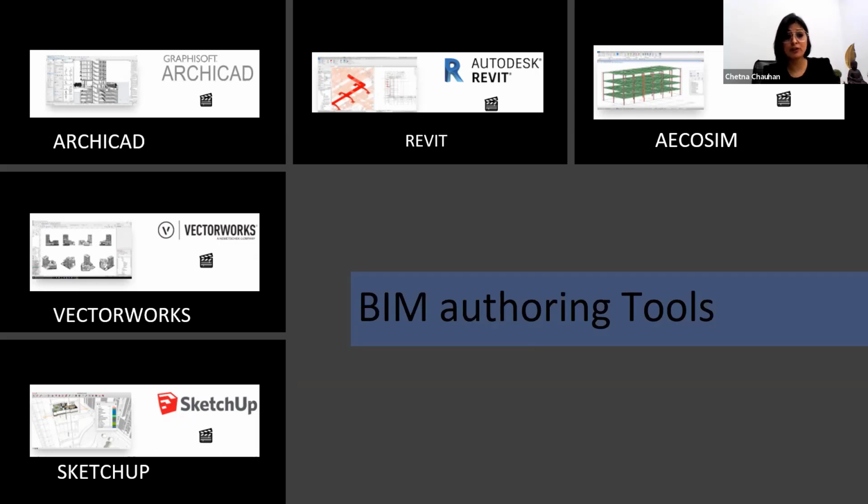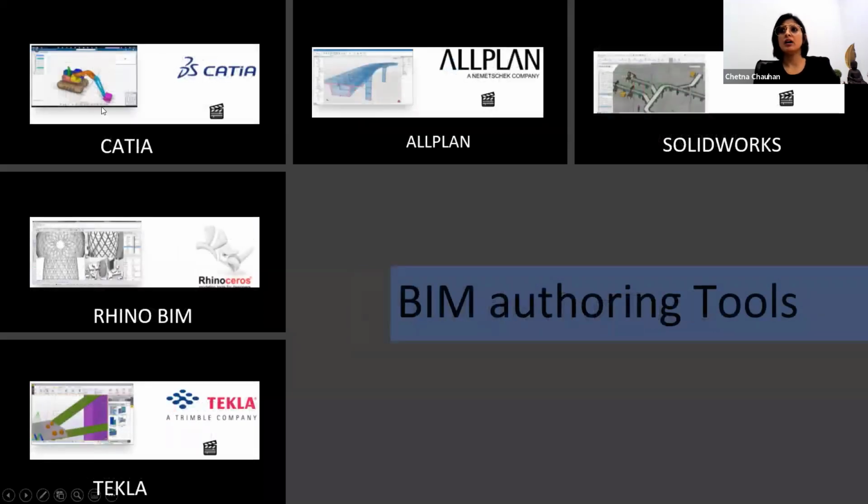I'm pretty sure a lot of you must be using SketchUp, which is also enhancing its functionalities and adding more BIM authoring tools into its program. Then for construction planning, there is CATIA or Allplan. For fabrication, there is SolidWorks, Rhino, and Tekla.